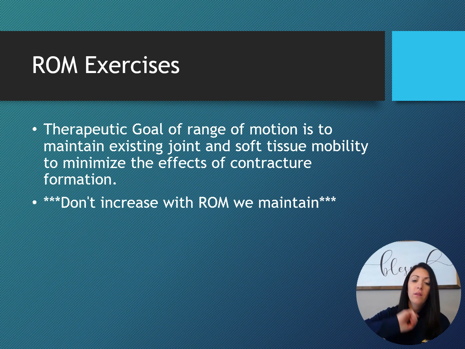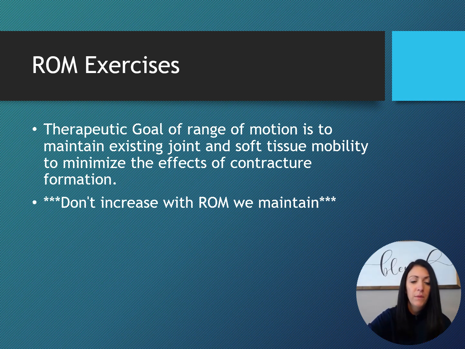So the therapeutic goal of range of motion is to maintain existing joint and soft tissue mobility and to minimize the effects of contracture formation. Necessarily we don't increase range of motion, but we maintain. That could be a little bit confusing because we definitely want to improve range of motion, right?